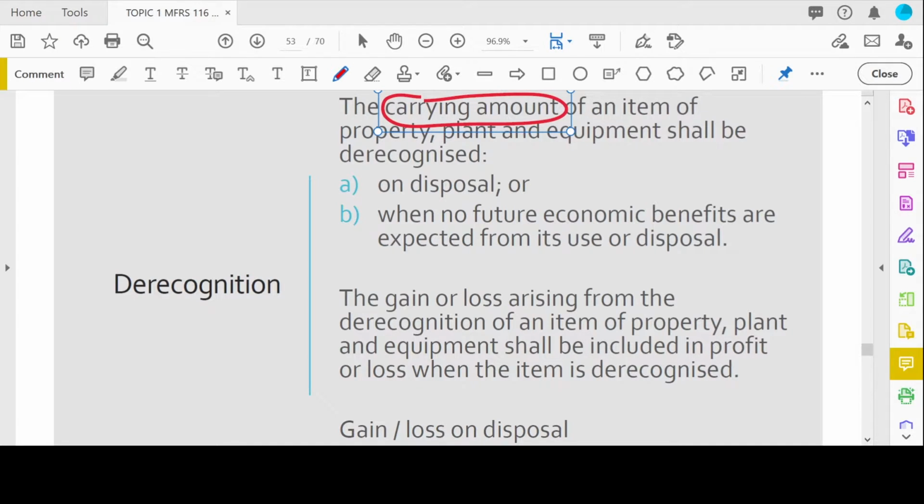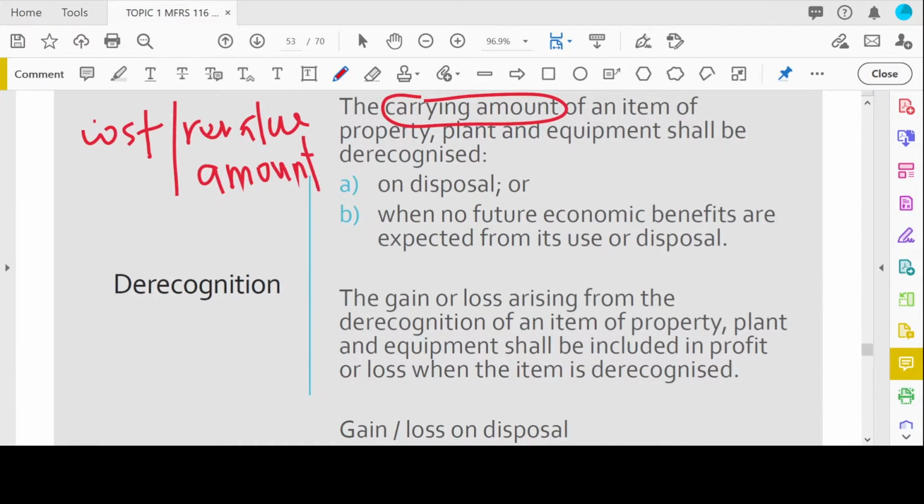Regardless of the model, the carrying amount is equal to cost or revalued amount, depending on the model that you use, minus accumulated depreciation or subsequent accumulated depreciation, minus accumulated impairment loss or subsequent impairment loss.